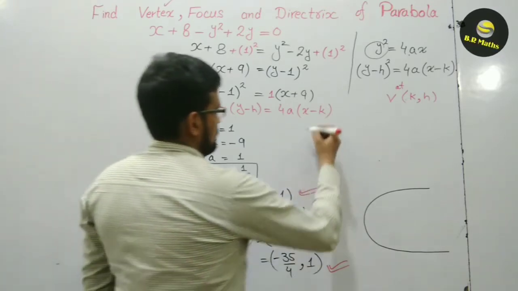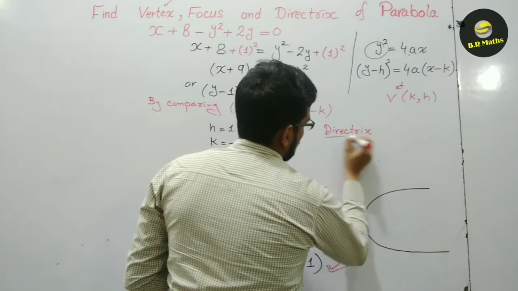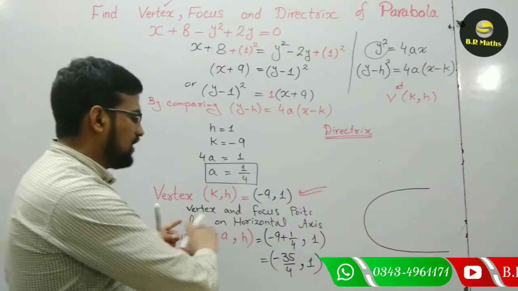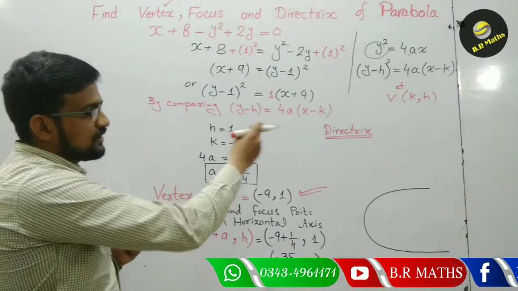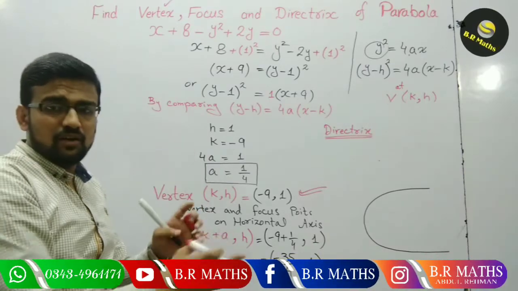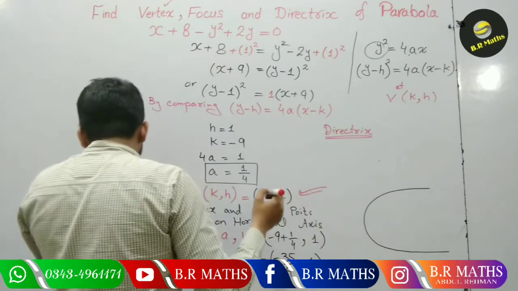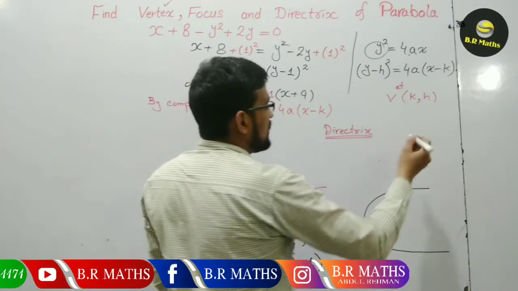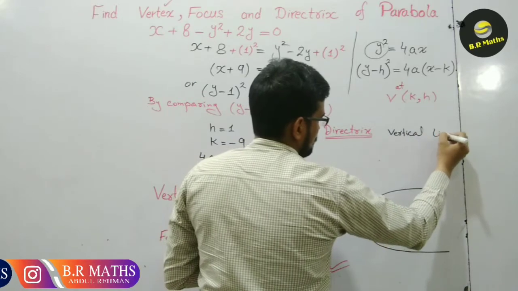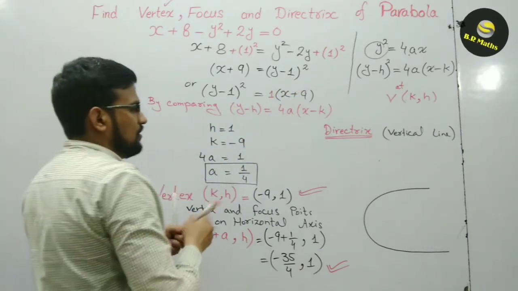Since the vertex and focus lie on the horizontal axis, the directrix is a vertical line, and its equation depends on x.